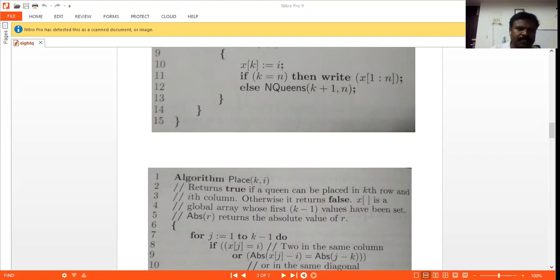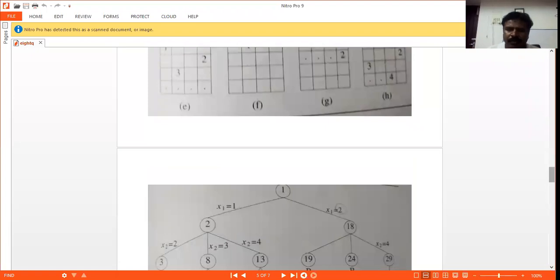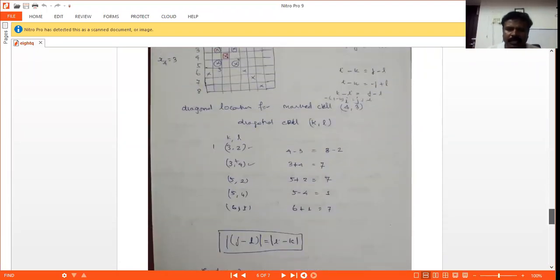So first queen in the first column, second queen in the seventh column, and third queen in the fifth column, and fourth queen in the eighth column, and fifth queen in the second column, and sixth queen in the fourth column, and seventh queen in the sixth column, and eighth queen in the second column. This is one possibility, and also here this is another possibility. So we are having so many possibilities. You find out one possible case of our result, right?